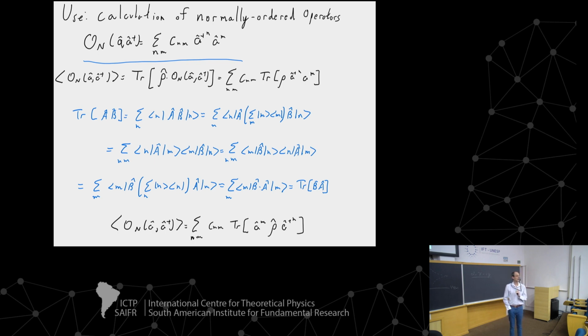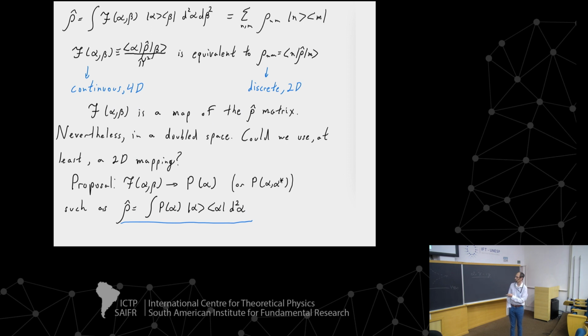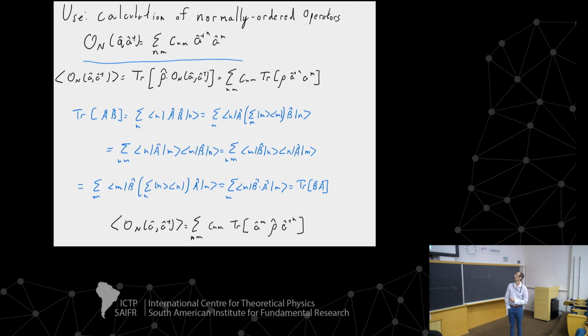The first thing that comes out from this representation, or this attempt at representation, is that it's pretty useful to calculate any observable if you put it into normal ordering. So first all the annihilation operators, and then all the creation operators.